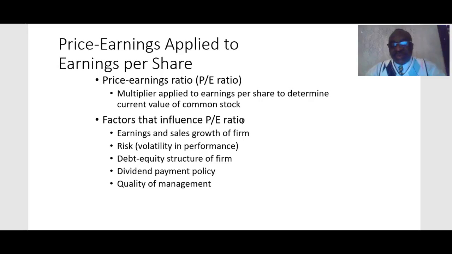And then quality of management will determine price earnings ratio. The management is astute, very professional, always protecting the image of the company, no frivolous lawsuits by people outside or inside the company that may impact price earnings ratio.